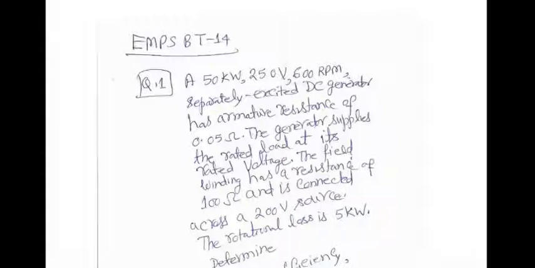That means 50 kilowatt divided by 250 volt will give you the total load current. 50 kilowatt is 250 volt multiplied by the load current, right? It's DC, no power factor involved. Power factor is 1 actually. So load current is easy to calculate: 50,000 divided by 250, and the result will be in amperes.